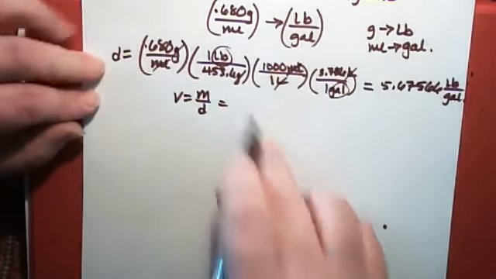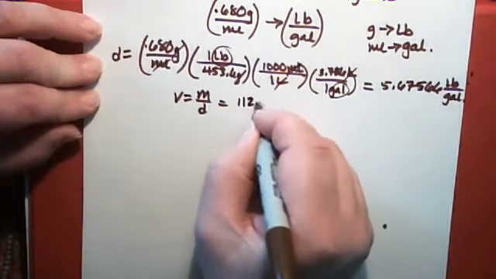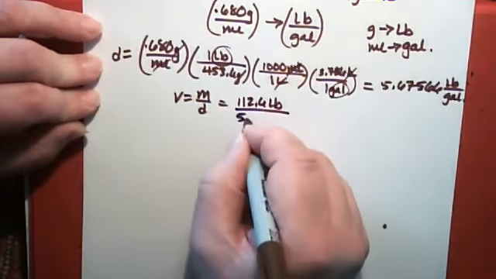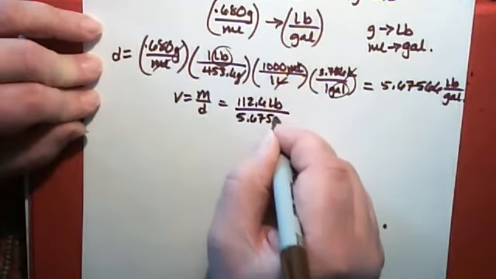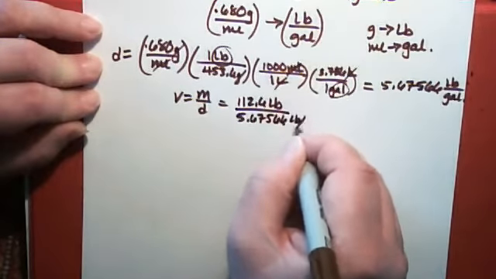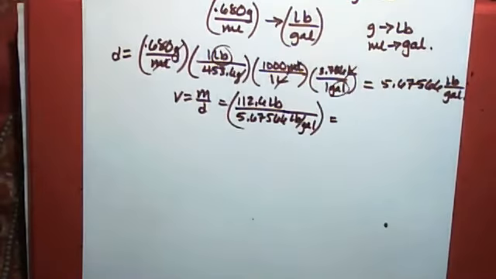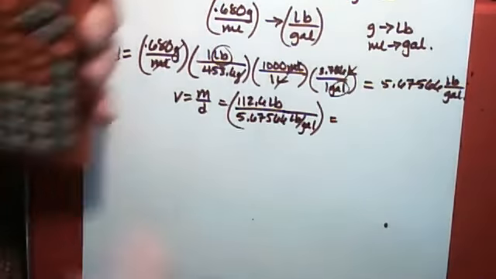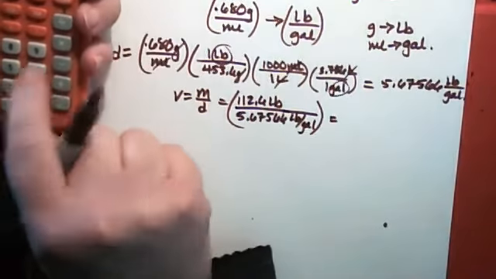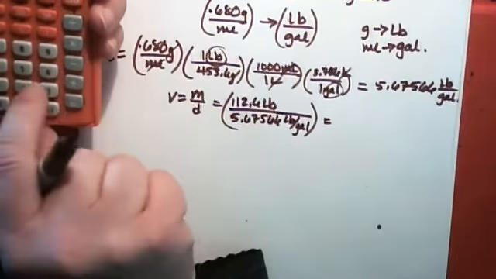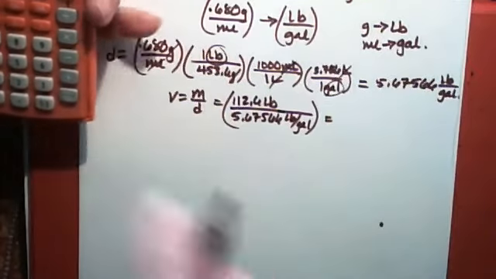Okay, so mass is 112.6 pounds, divided by 5.67566 pounds per gallon.